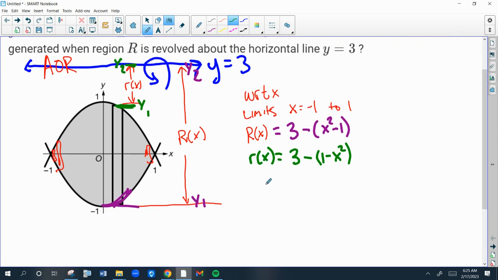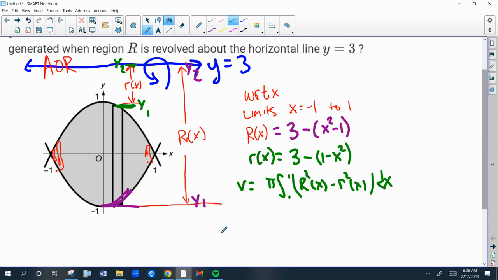So I'm going to set it up and do it in the calculator. The formula for using the washer method is the volume is pi, your limits, which I already have, big R of x squared minus little r of x squared, and that's it, dx. So I'm just going to use everything I put up here.